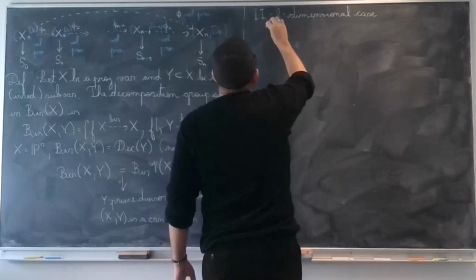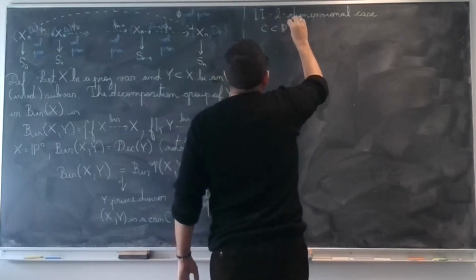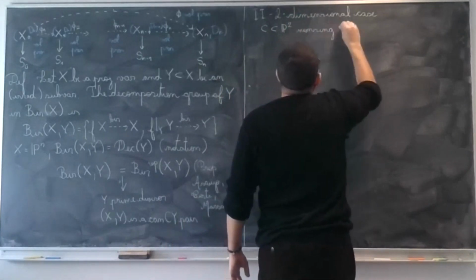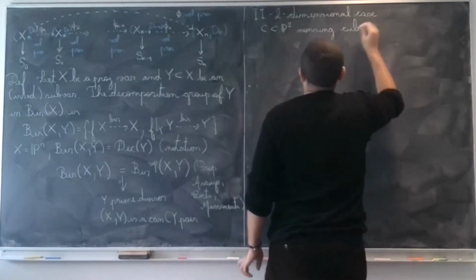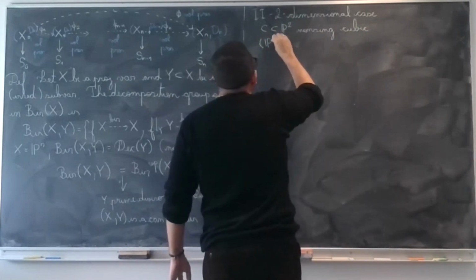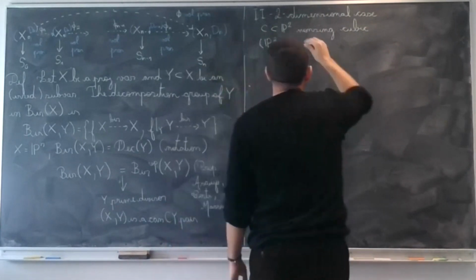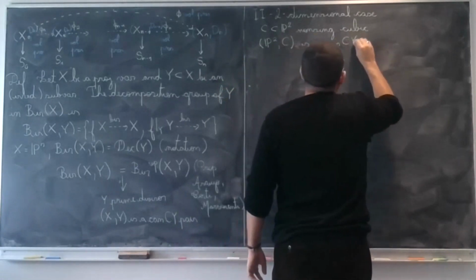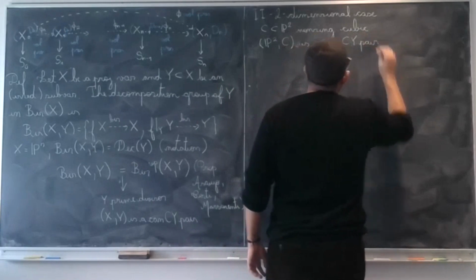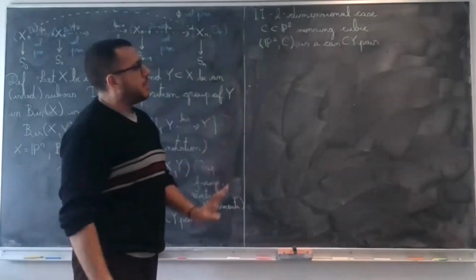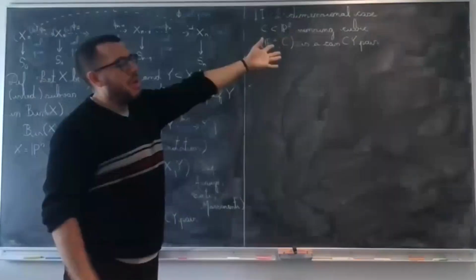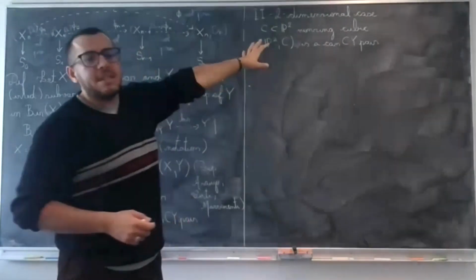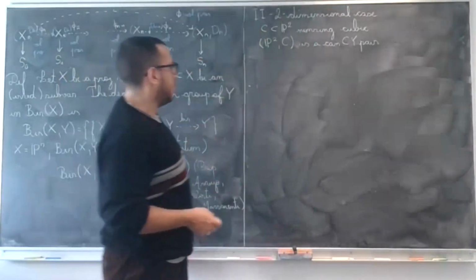So if you consider C a non-singular cubic, we readily have that P2 with this curve is a canonical Calabi-Yau pair. And generally speaking, the pair of P2 with a non-singular curve, this case is the most interesting one in terms of the decomposition group.